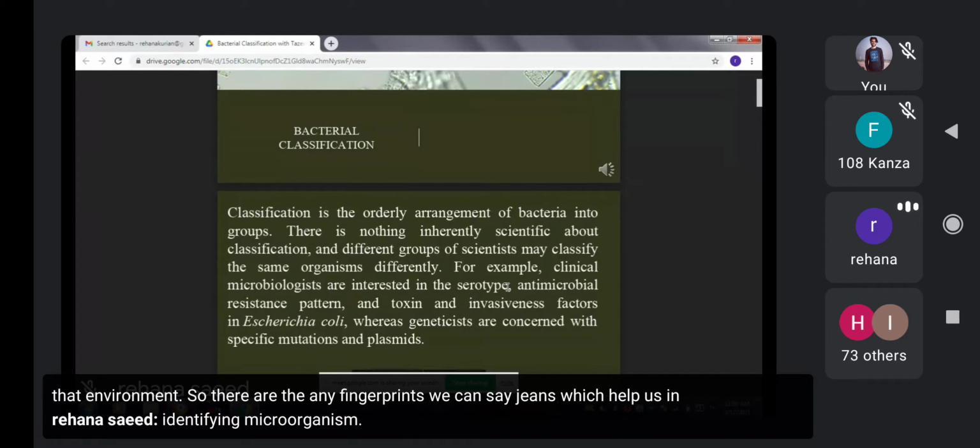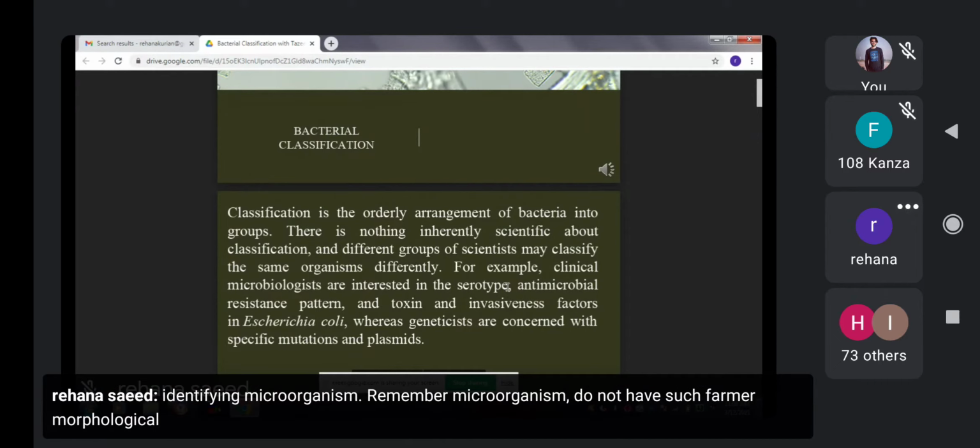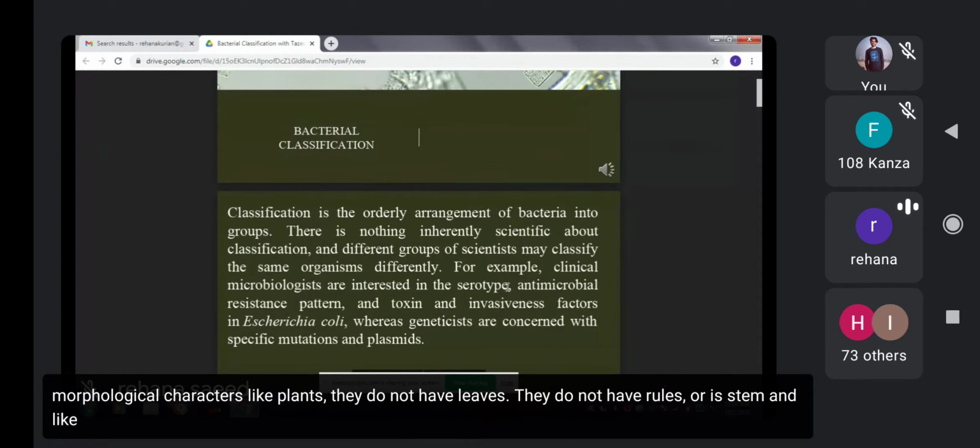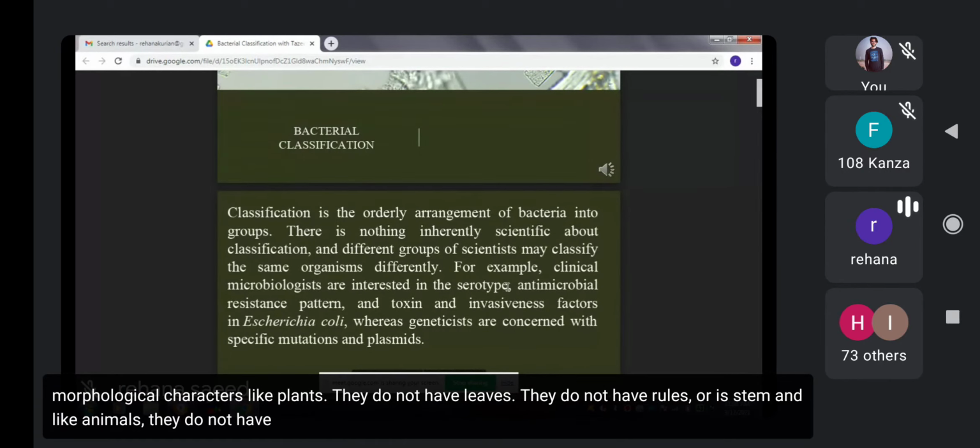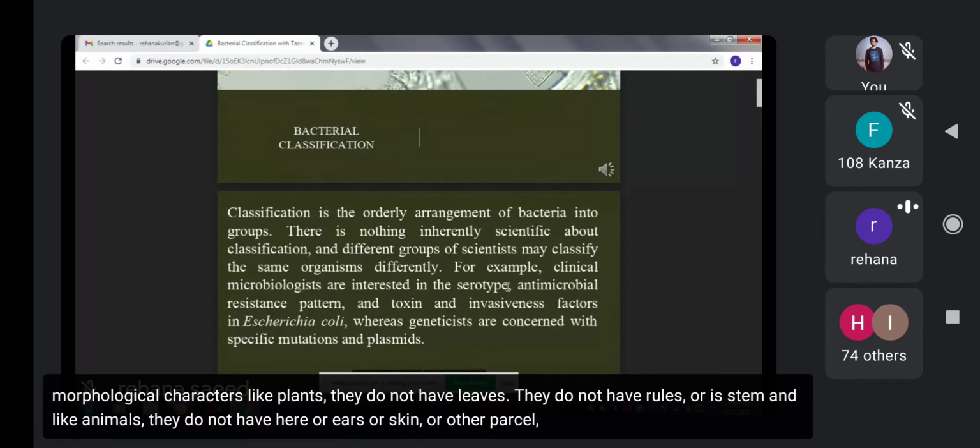Remember, microorganisms do not have such morphological characters like plants. They do not have leaves, roots or stem, and unlike animals, they do not have hair or ears or skin or other parts. So it is very difficult to identify them.